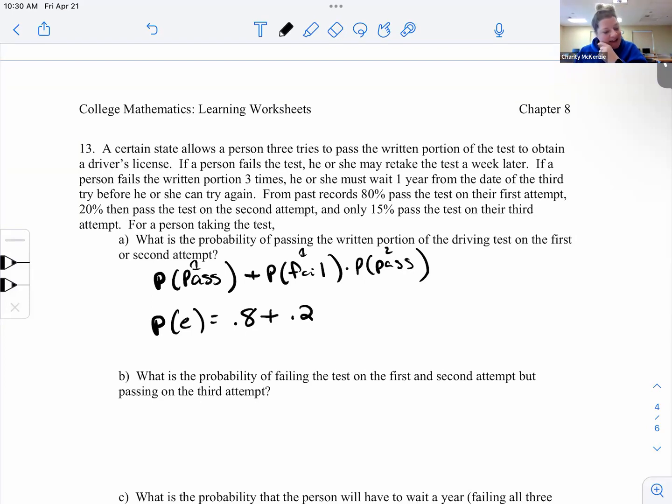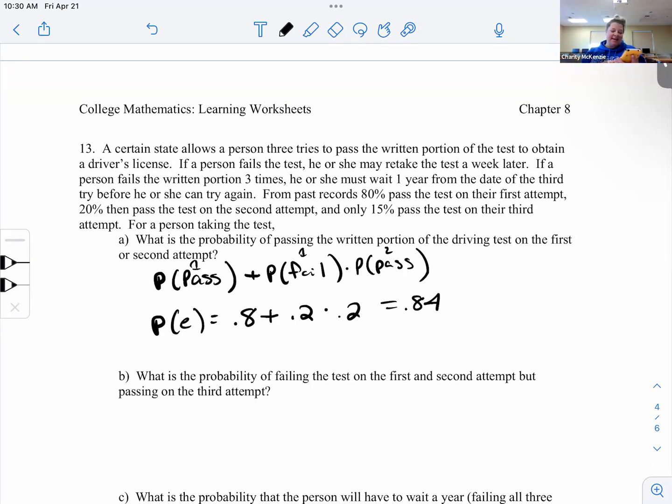What's the probability of passing that second time? 20%. So it's another 0.2. So let's multiply those and add. So 0.8 plus 0.2 times 0.2 is going to give me 0.84. So you have an 84%.